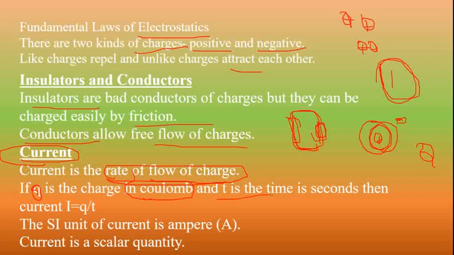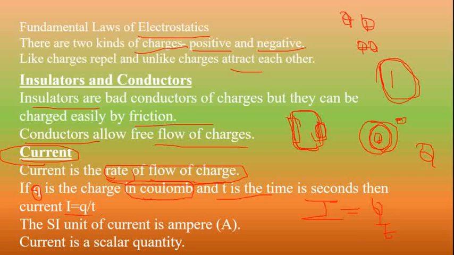And T represents the time, as we know. I is the letter that represents current. So I is equal to Q by T, that is, charge by time.